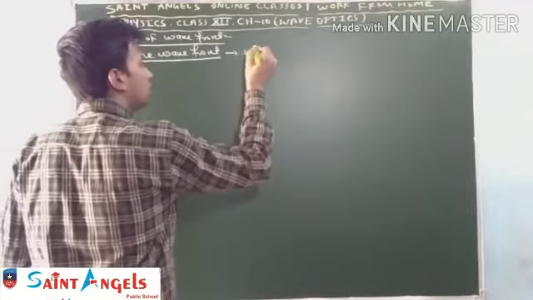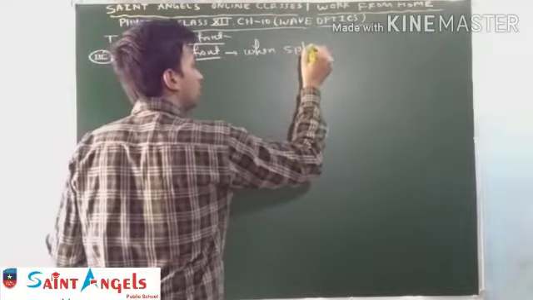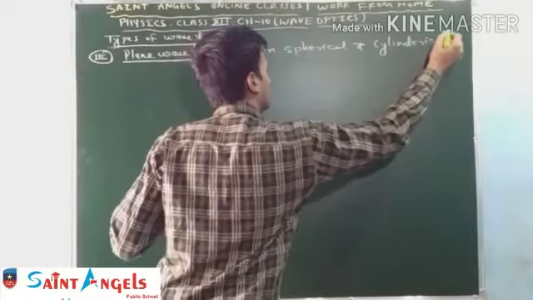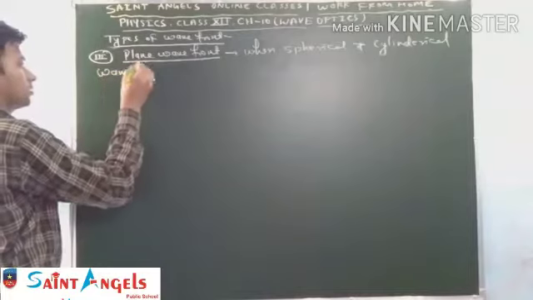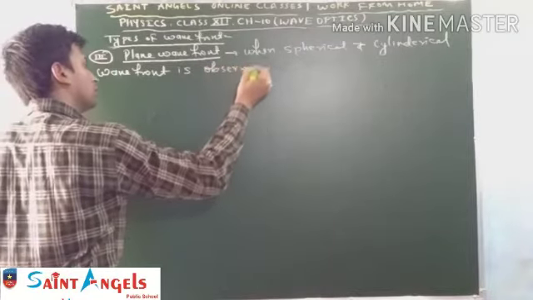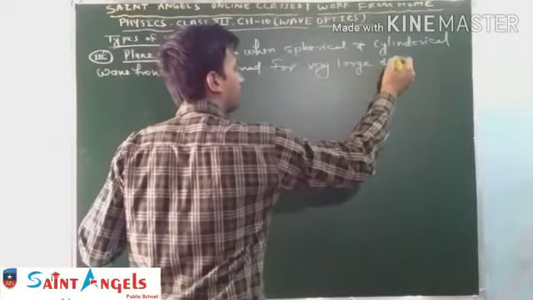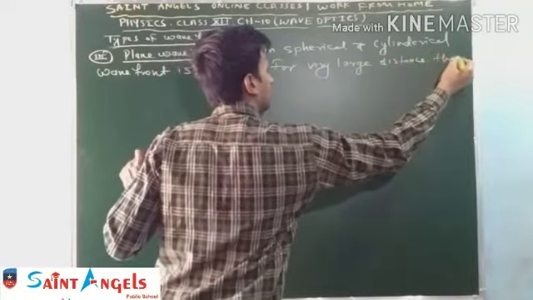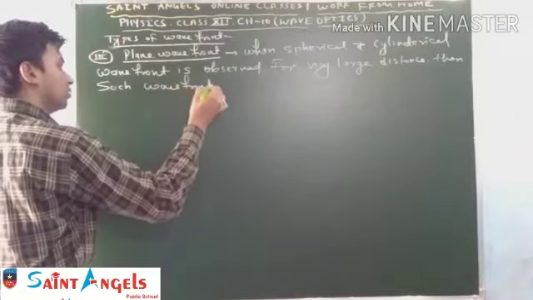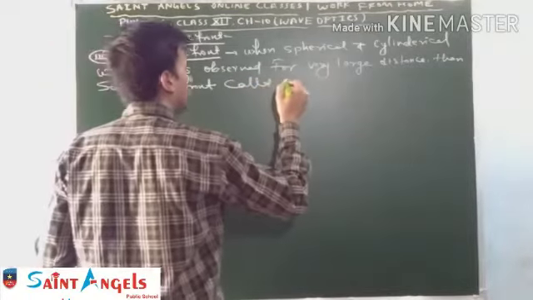So when a spherical and cylindrical wavefront is observed from a very large distance, then such a wavefront is called a plane wavefront.